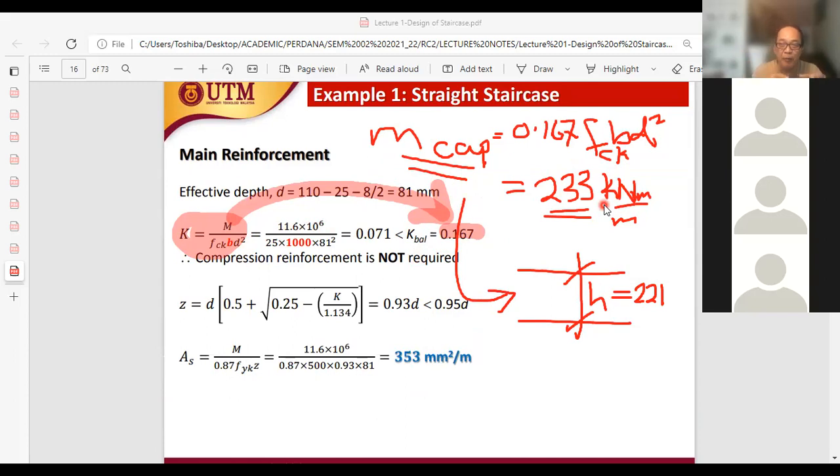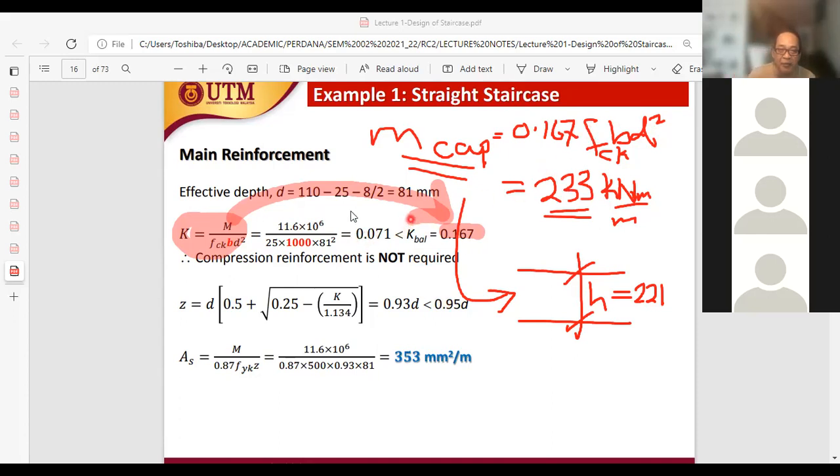Now the applied bending moment is only about 12 kilonewton meter. The capacity of the section, it can support a moment of up to 233 kilonewton meter based on this equation. Clearly the section is an under reinforced section. Okay. That is another way of looking at it. Yang itu saya compare the moment capacity of the section, comparekan dengan the applied moment, moment yang dikenakan due to loading, which is only about 12 kilonewton meter.